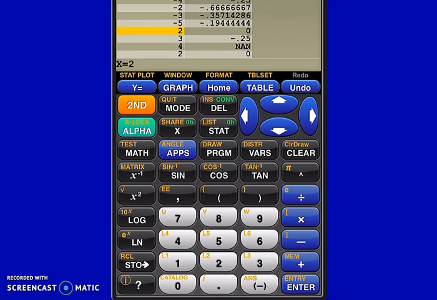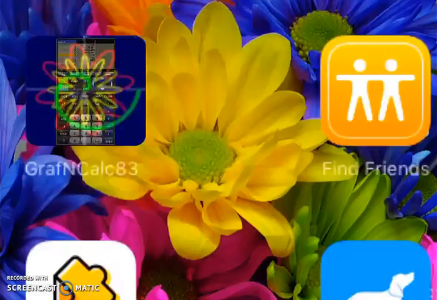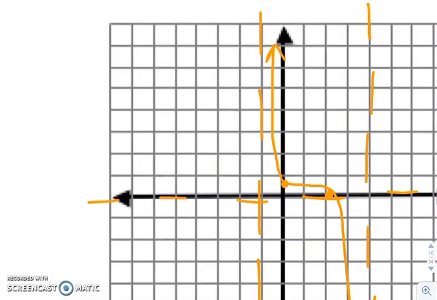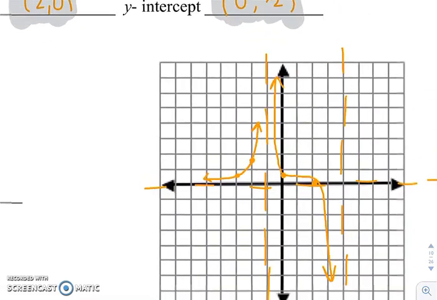Okay, so now it's 0.25, 0.6. And right, there we go.